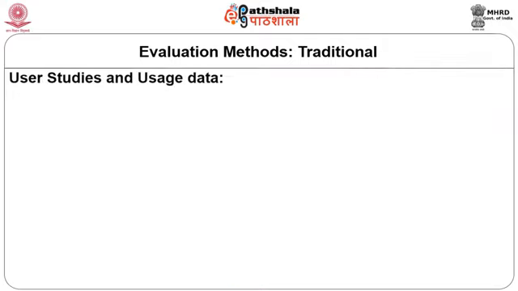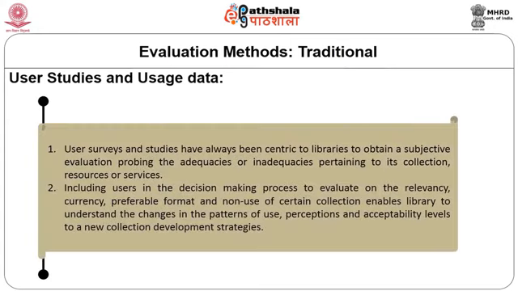The last method that we are going to discuss is about the user studies and usage data. Libraries have always collected empirical data among the users to obtain a subjective evaluation probing the adequacies or inadequacies pertaining to its collection, including the users in the decision making process to evaluate relevancy, currency, preferable format, non-use of certain collection.